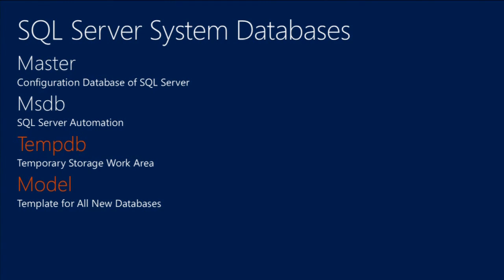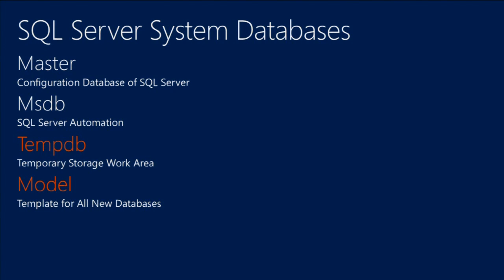The model database is another one. We're going to dig into these in more detail, by the way. Every new database that I create, whether I create it from inside SQL Server or inside of SharePoint, takes a Polaroid picture or a snapshot of most of the model database settings, and I'll show you what I mean by that shortly. It uses that as a template for every new database.